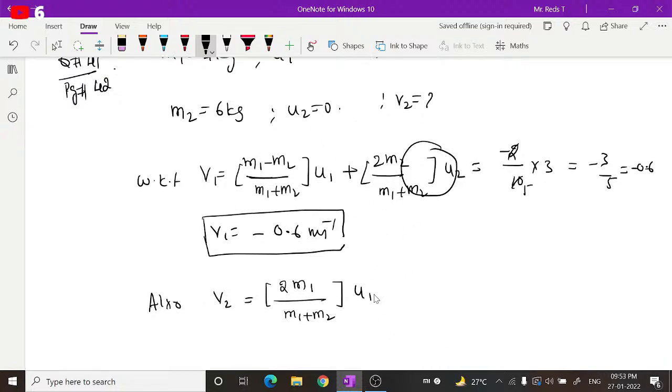U2 is 0, so this term can be taken directly as 0. So this is equal to 2M1. M1 is 4, 2 into 4 is 8, divided by M1 plus M2 which is 10, into U1. What is U1? 3.